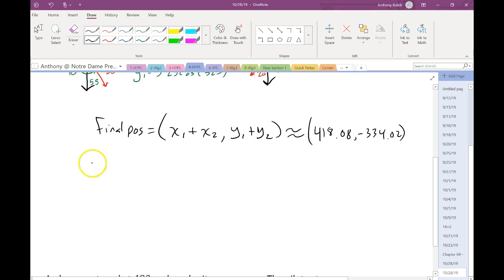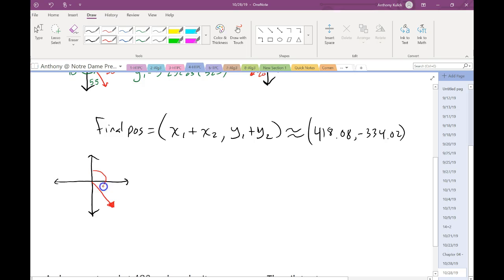The next thing I'm going to do is draw that final location. If I go 418 over and then 334 down, I would be somewhere down here in the fourth quadrant.